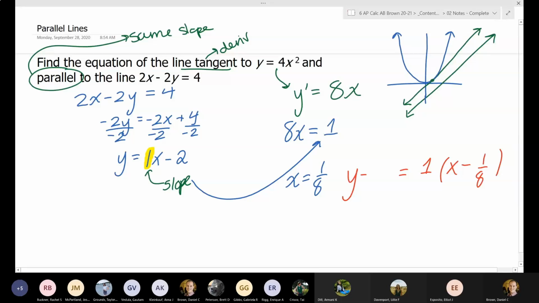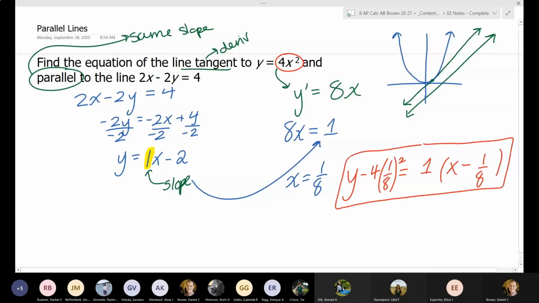When I know the x coordinate, we can plug it into the original problem, 4x squared. And again, you're allowed to be lazy and don't have to simplify your answer. So that is the equation of the tangent line. That is tangent to 4x squared and also parallel to the given line.